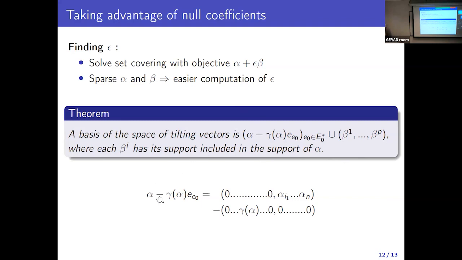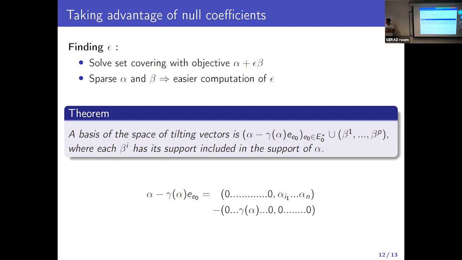They are equal to alpha minus gamma alpha, and this vector is just a unit vector with a lot of zeros and only one 1. So what it looks like is just the vector alpha with always these 0 components and all these non-zero components here. And we add just one new coefficient that is going to be minus gamma alpha, in a place where there was a zero component before.